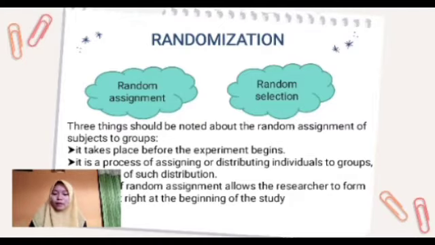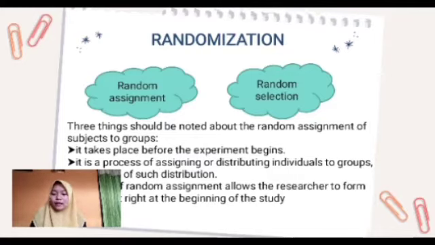There are three things that should be noted about the random assignment of subjects to groups. The first one is it takes place before the experiment begins. The second is it is a process of assigning or distributing individuals to groups, not a result of such distribution.